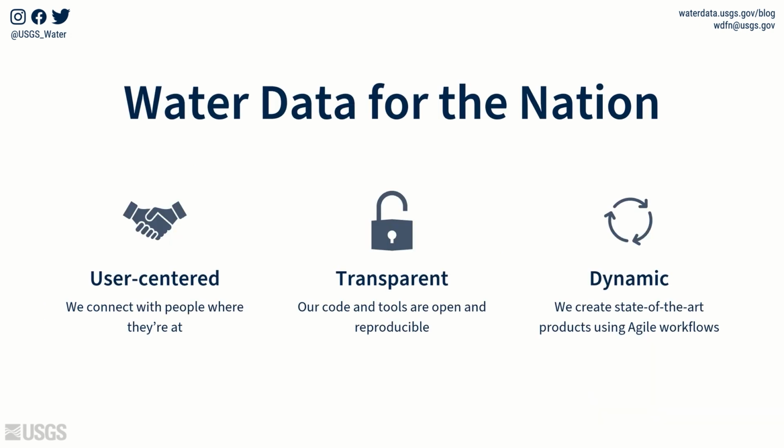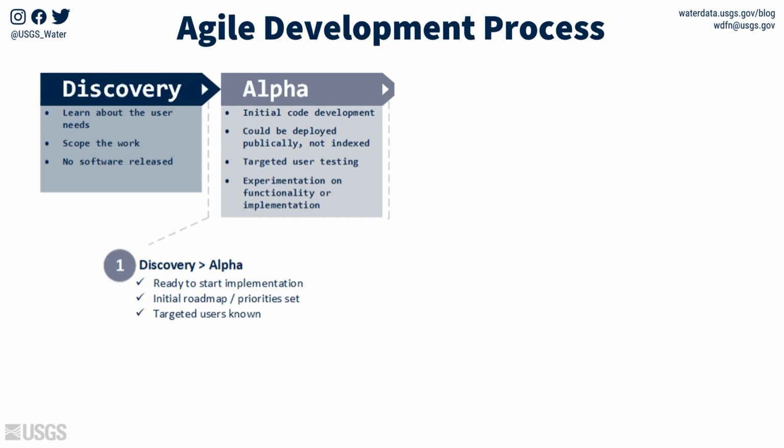Our work is user-centered, transparent, and dynamic. We put our users, you, at the front of our process by developing Agile products. And this is our Agile development process. We want to discover all about our users, you, and your key needs. We only take important, high-level issues to discovery, so we do not ask, how do we rebuild the legacy system feature by feature?